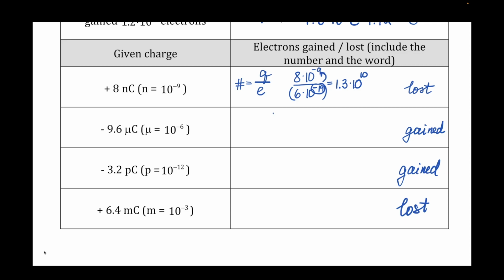Then I take 9.6 times 10 to the negative sixth, and I divide that by 1.6 times 10 to the negative 19. 9.6 over 1.6 is 6, so I'm going to say 6. And then this goes upstairs with a plus, so that's going to be 10 to the 13th is your answer.